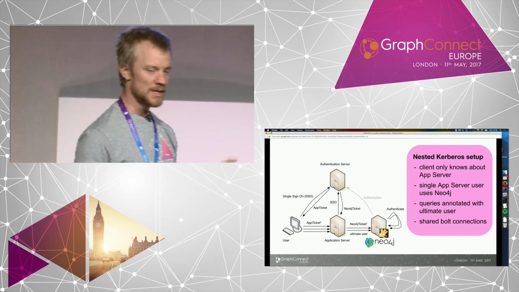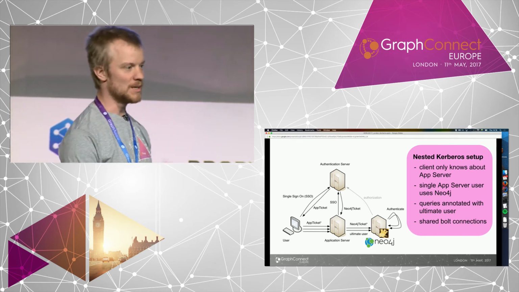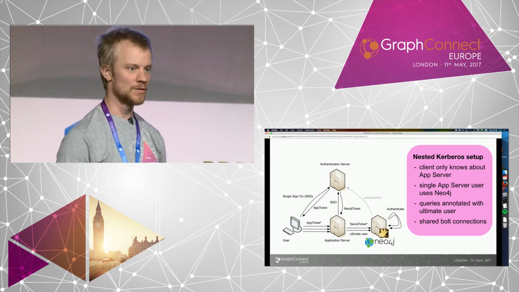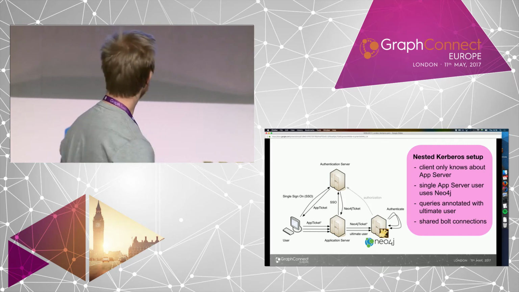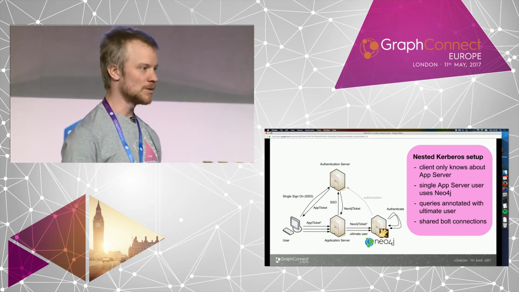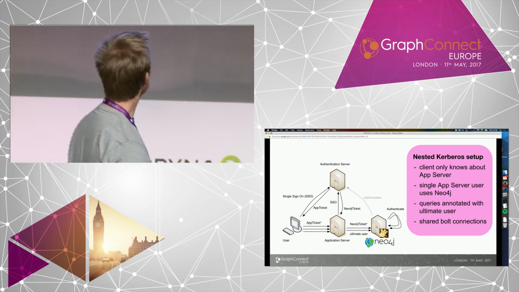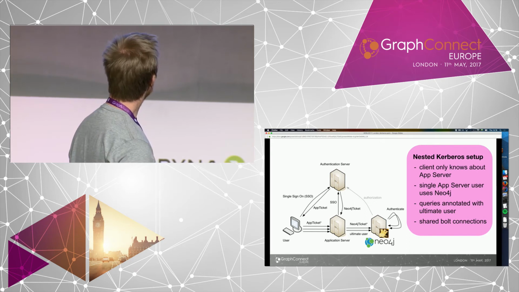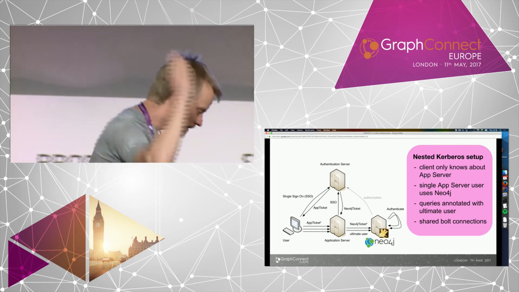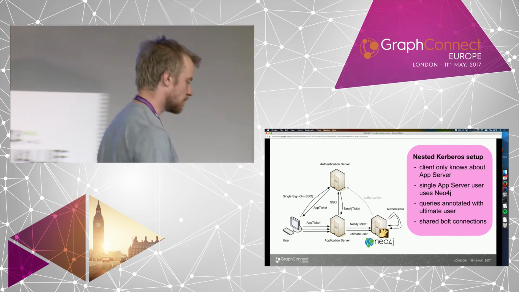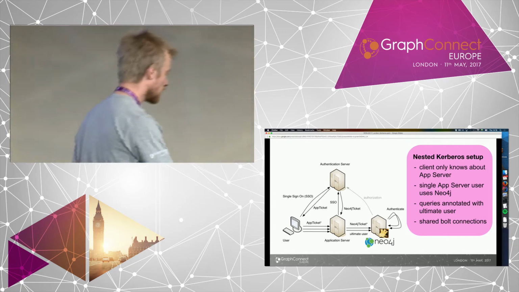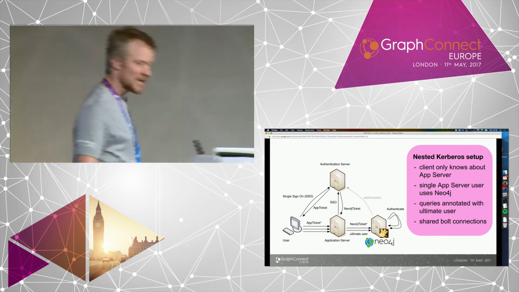Now I've drawn one of each, but you know the cluster is multiple nodes. The application server tends to be a bunch of servers, and the users are usually, I don't know how many users you have, but say thousands, millions, whatever. So what happens is still the same. I am the user, and I will walk over to my workstation in the morning, and I will type in my username and my password over here.